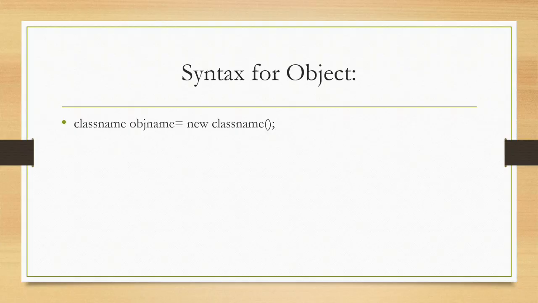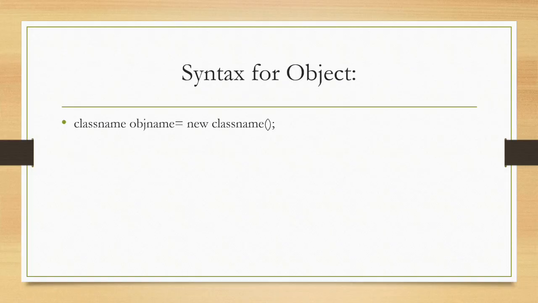You might be thinking why we are writing the class name two times. So, my dear friends, after new, the class name and parenthesis is a constructor. About constructors, we will read in my upcoming video. So this is the syntax for an object. Now let's see a program based upon class and object. Are you ready for the program?